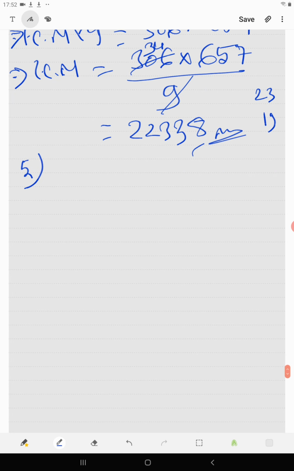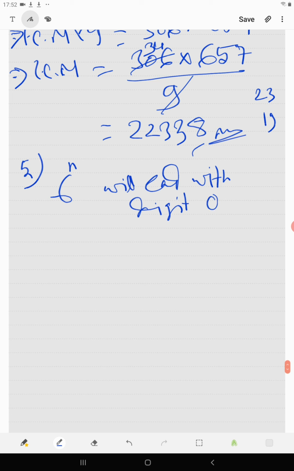What it says is, check whether 6 to the power n can end with the digit 0. He is asking whether 6 to the power n will end with the digit 0.